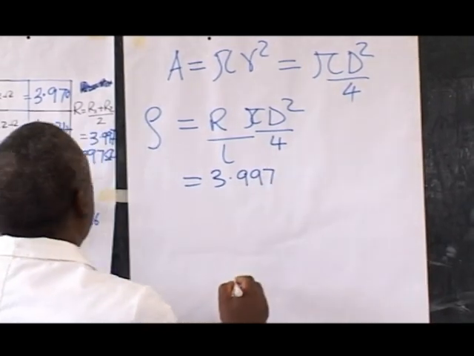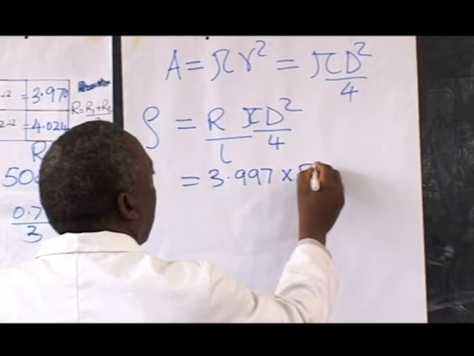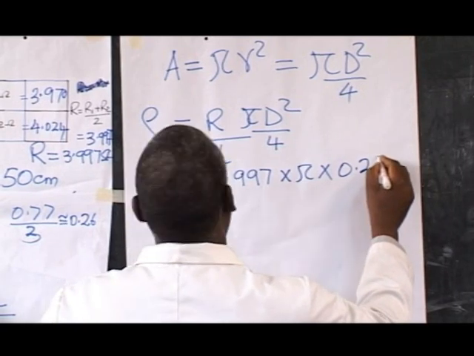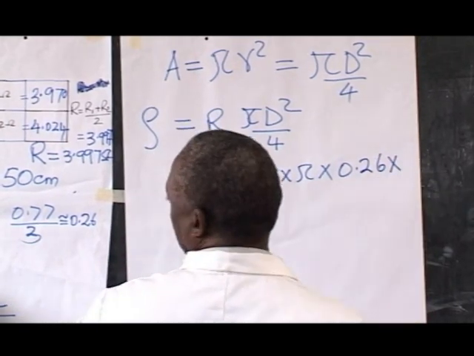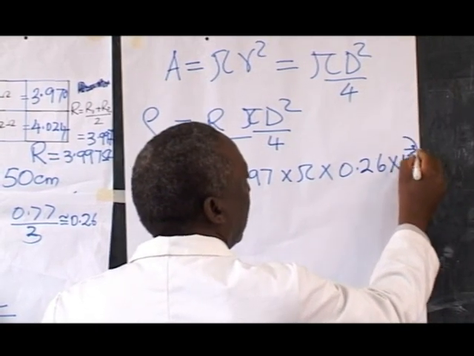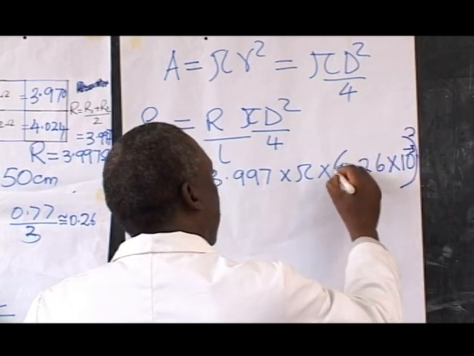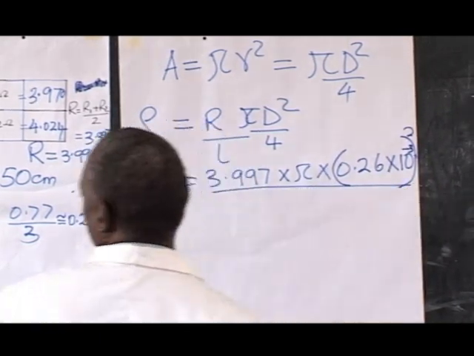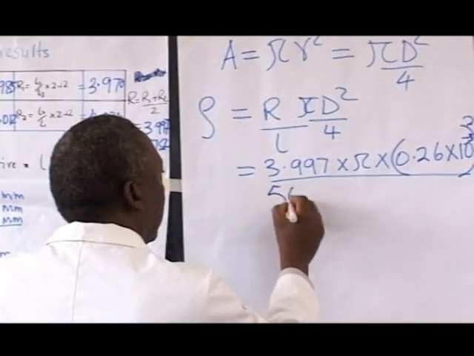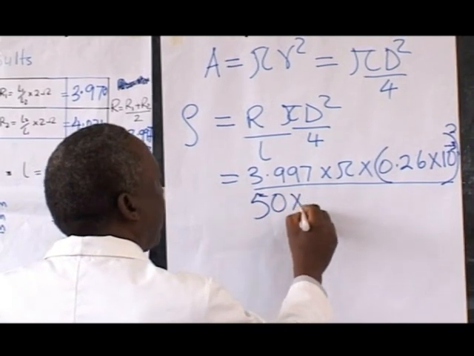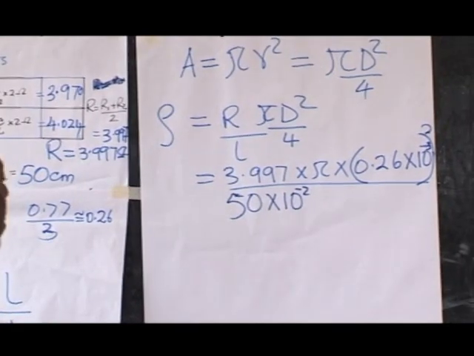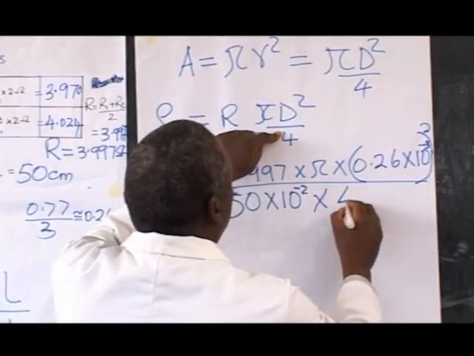3.997 times pi times the diameter, which is 0.626. Since it is in millimeters, we change to meters: 10 to the power negative 3, squared, over the length, which is 50 centimeters, so it is times 10 to the power negative 2, put in meters, and then times 4.